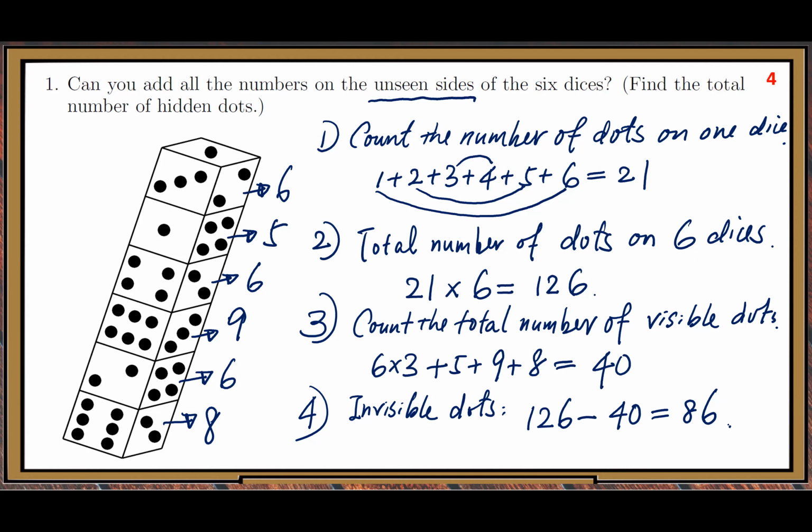Is there some relationship? Yes, total minus visible dots. So that is a complementary relationship, right? That relationship is the insight, the critical property. Complementary.